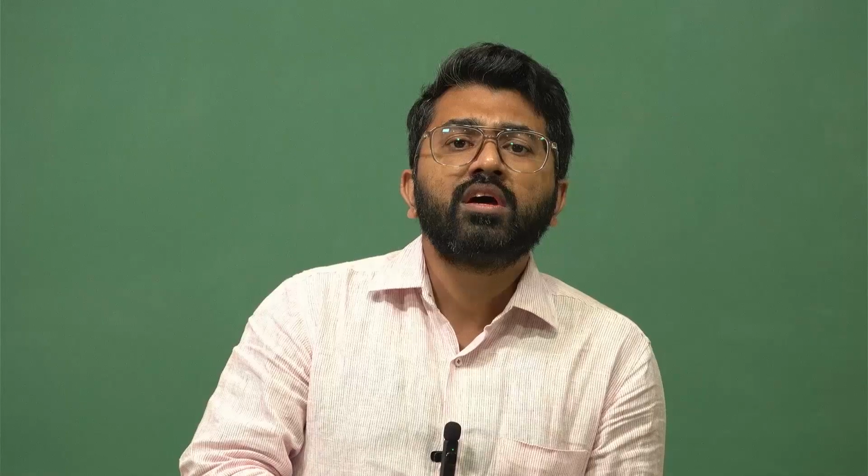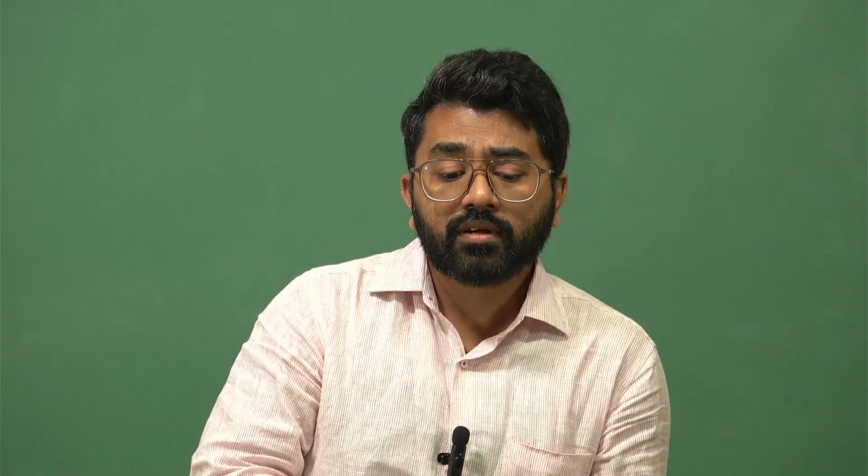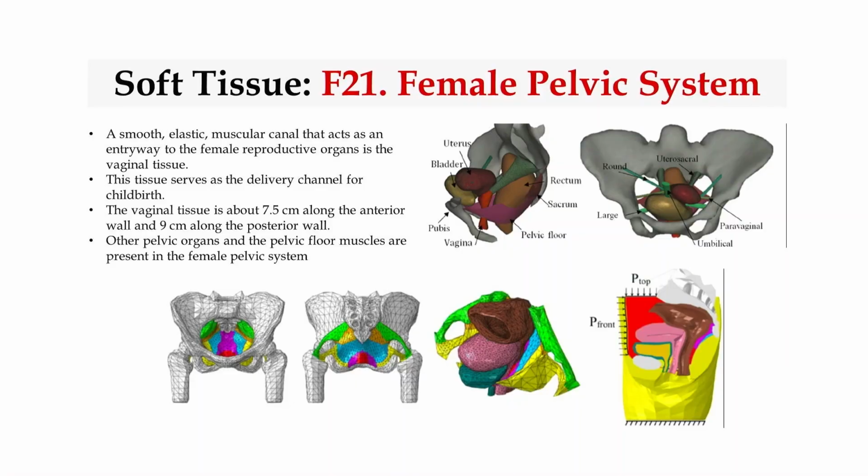So this has a lot of disease and biological implications, how the soft tissue properties and structures change over time, right? From a front view, you can look at several ligaments in which all these organs are specifically looked at. So can you study the female pelvic system as a single organ, like just the uterus?